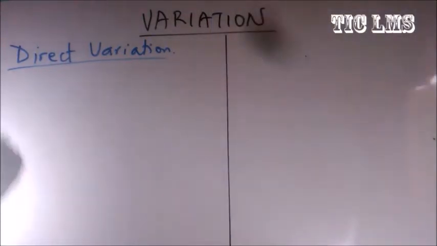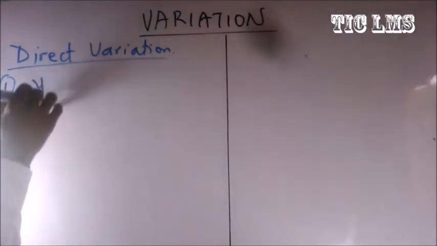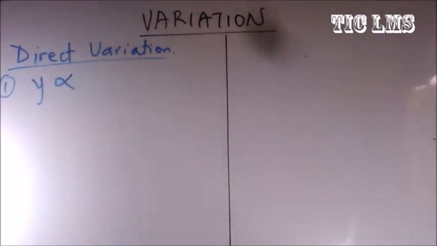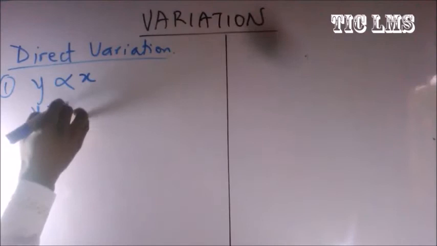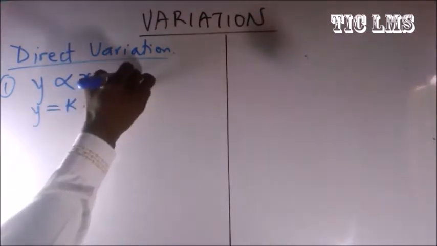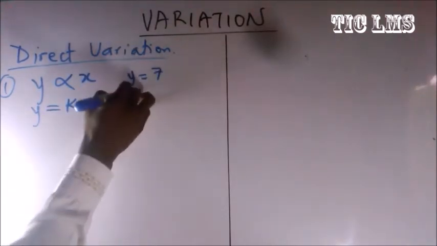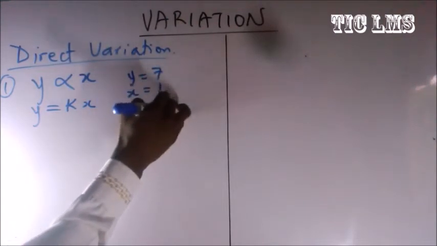Alright, so here is how it is done. We have our first example. We have y varies directly as x, so we have our proportionality sign replaced by equal to kx. In the question we are told that y equals 7 and x equal to 1 over 6.